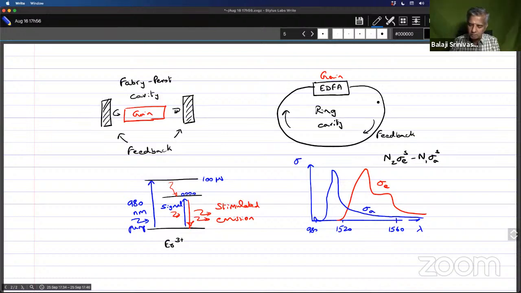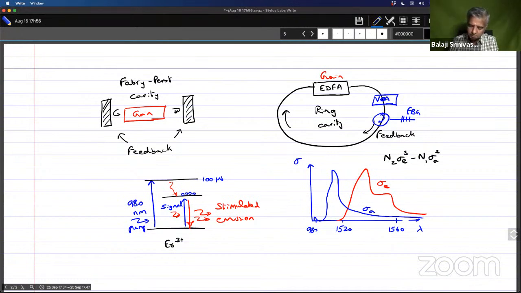One in which we had a variable optical attenuator, okay, and the other case where we used a circulator here, and we used a FBG. So what is the significance of these two configurations is essentially the question. So let me try to answer that.